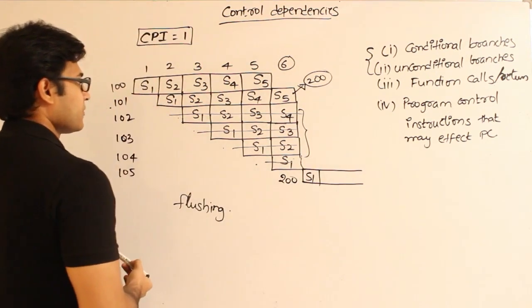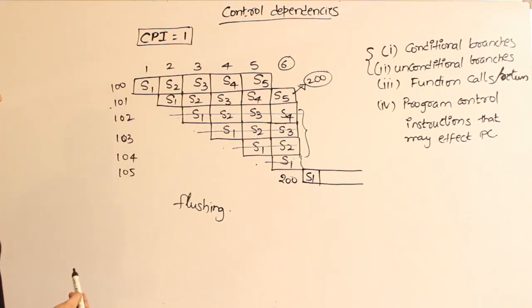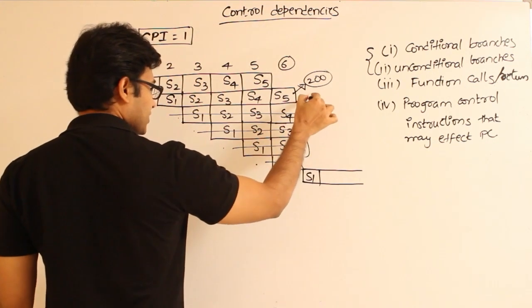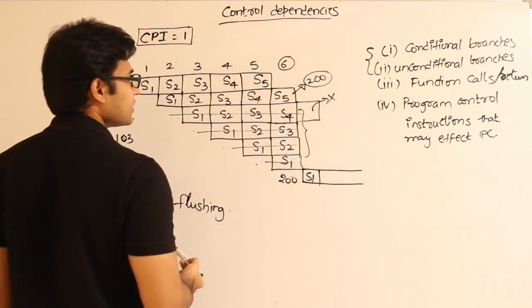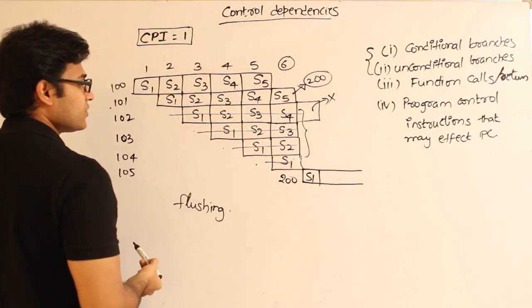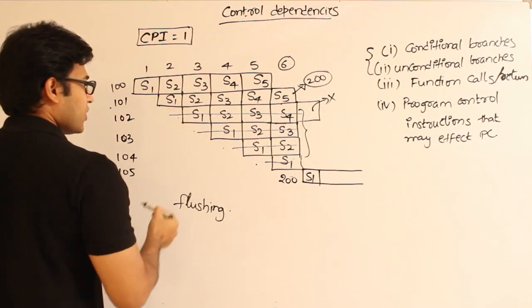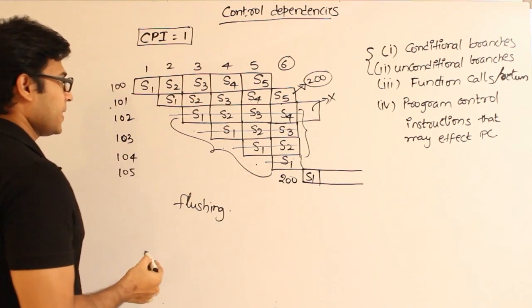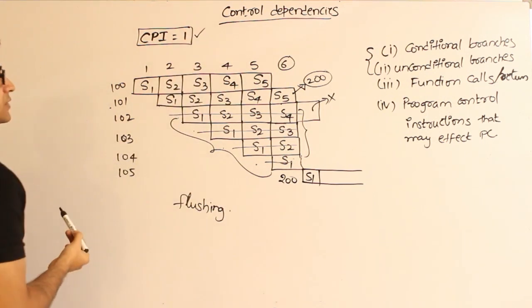So if you observe it, by doing so we are actually not able to get the next instruction in the next cycle, right? So this cycle we are not going to get anything. Similarly, the next cycle we are not going to get anything. Next cycle we are not going to get anything. So whenever such branch instructions are present, we are actually losing some of the time, and we will not be able to achieve a CPI of 1, right?